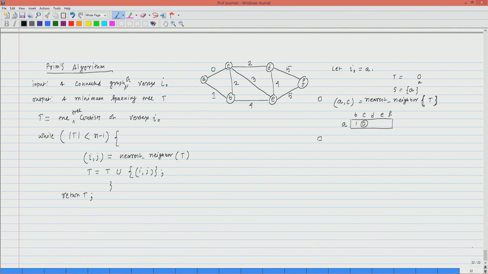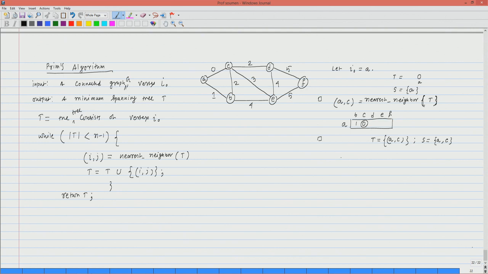At the second iteration, your tree now consists of one edge AC. So, your S consists of two vertices A and C, and T consists of one edge, that is AC. So, again you find the nearest neighbor of T. One way of finding that is that A and C are in one part and the remaining vertices are in the other part.